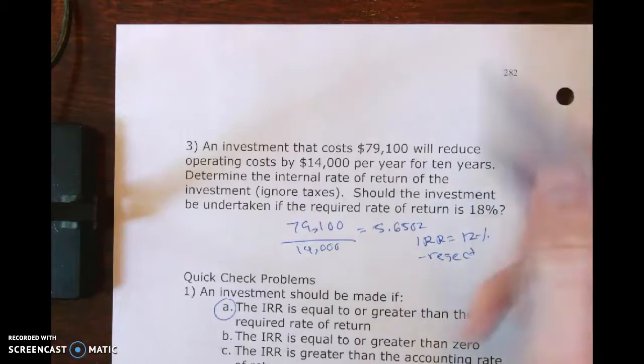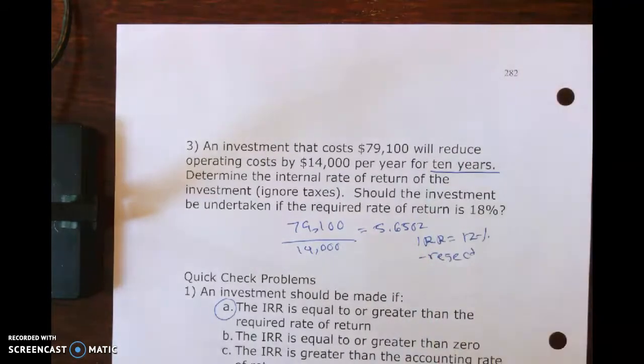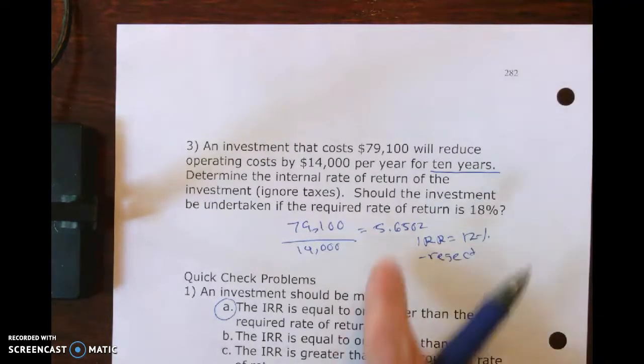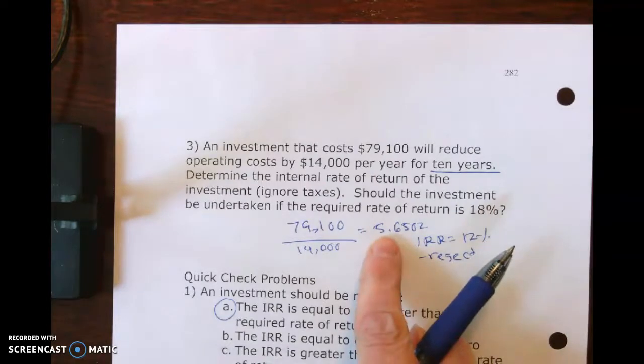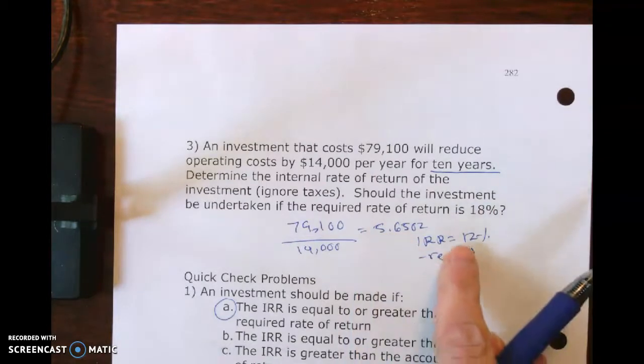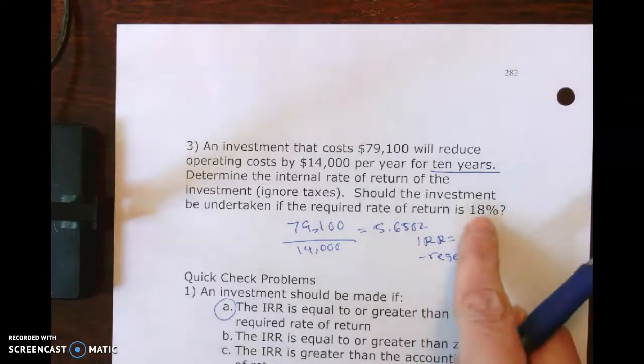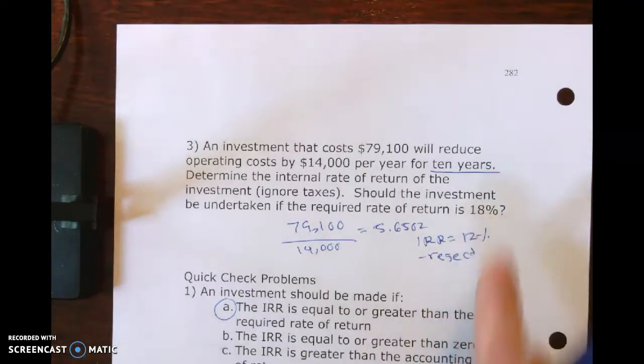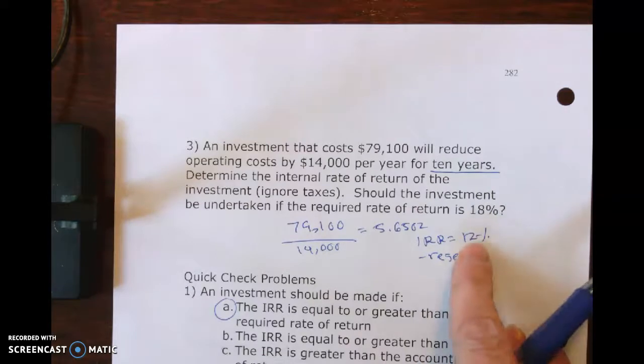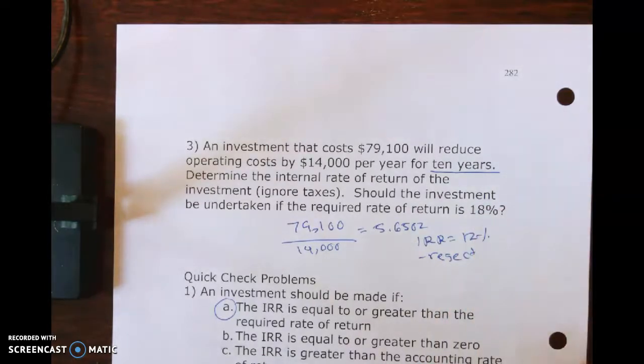Okay, it says that right over here. On the 10-year row, we look across at 10 years, find 5.6502. We look up towards the top, at the column headers, and we see the internal rate of return equals 12%. Therefore, we reject it because the required rate of return is 18%, and we're only earning 12%, but we want to earn 18%.